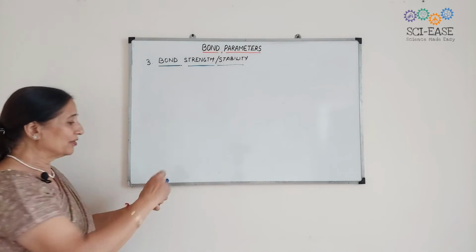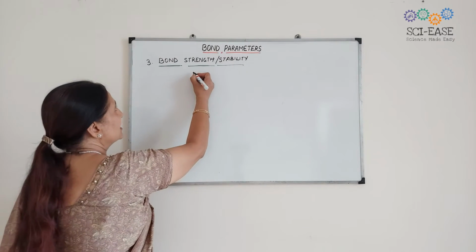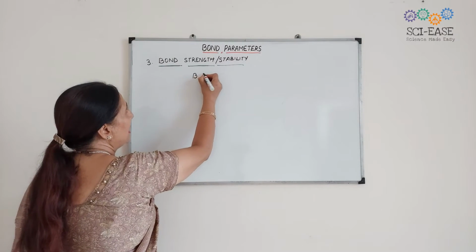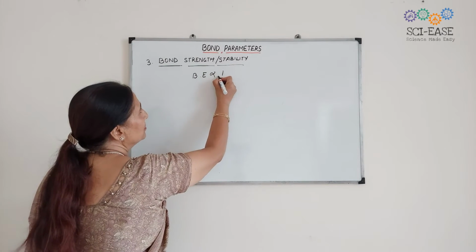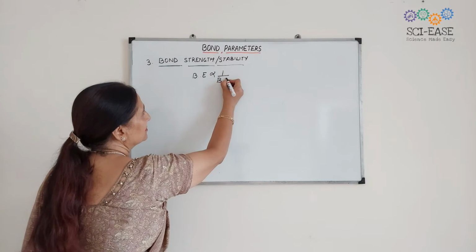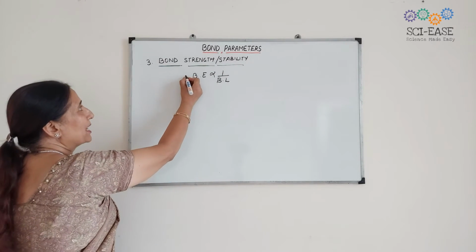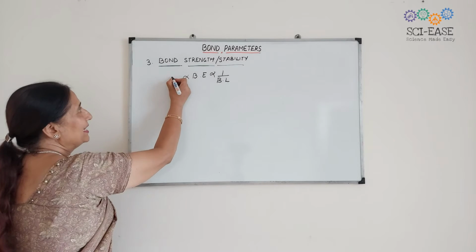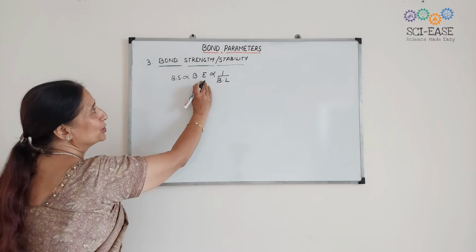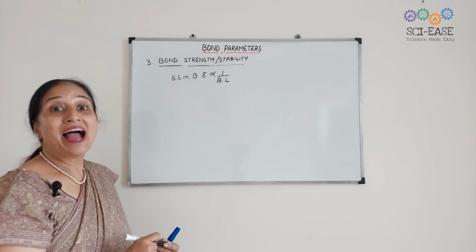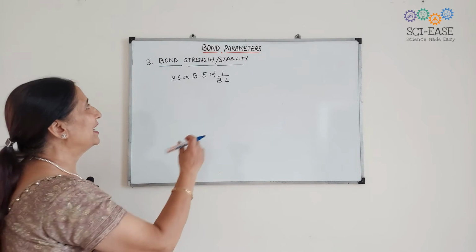The relationship which I have written before is that bond enthalpy is inversely proportional to bond length. This relationship can be extended: bond strength is directly proportional to bond enthalpy and inversely proportional to bond length.